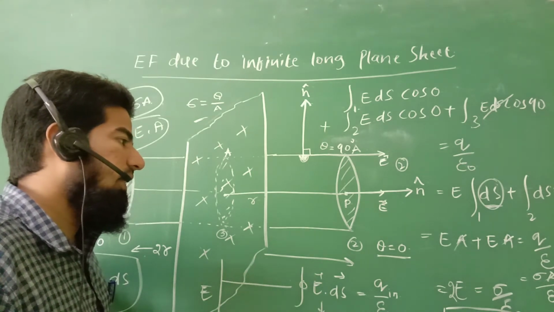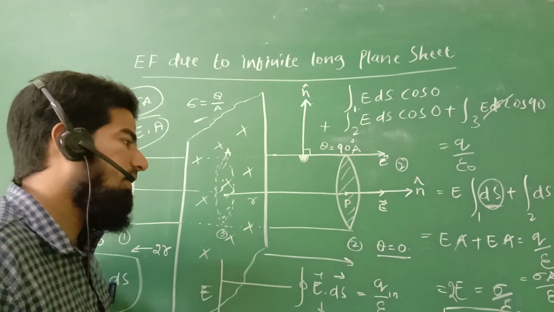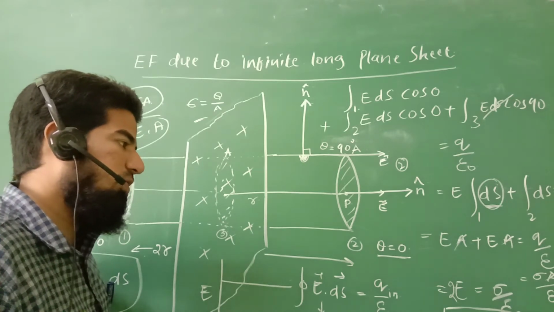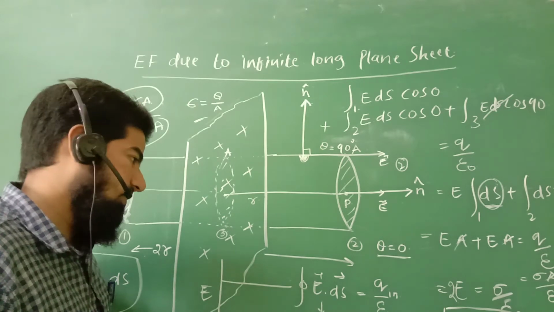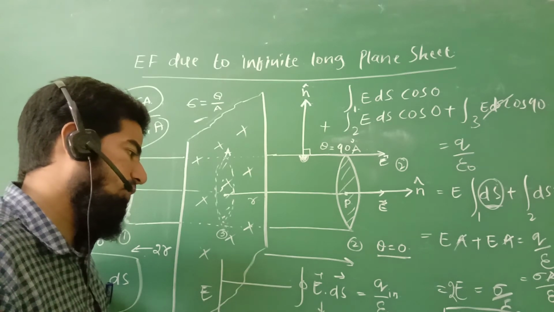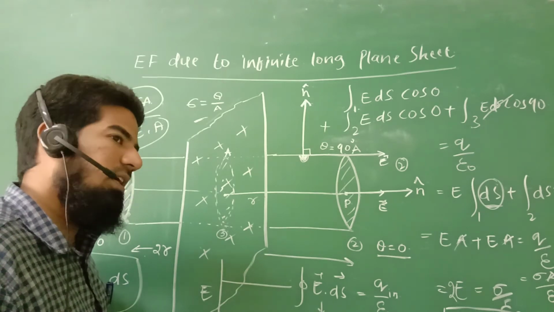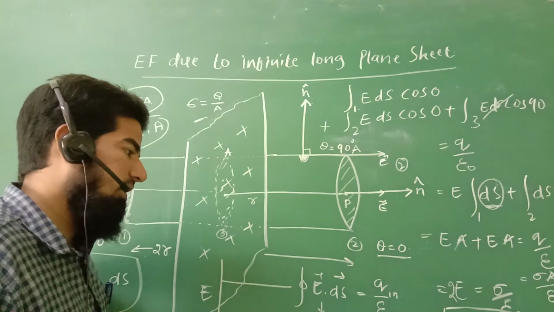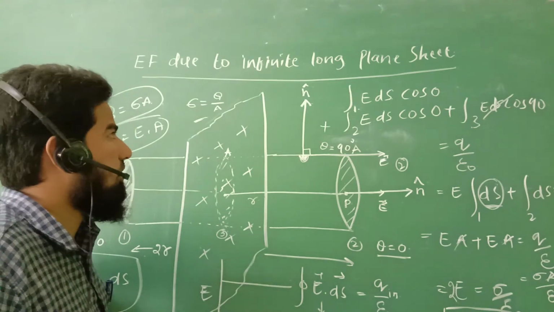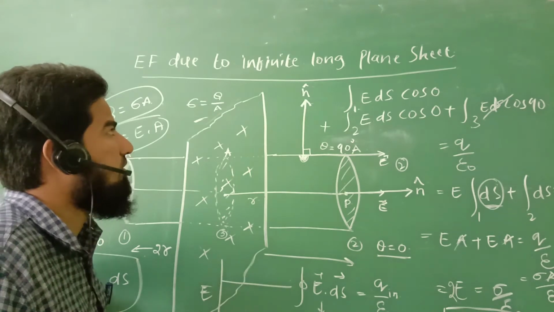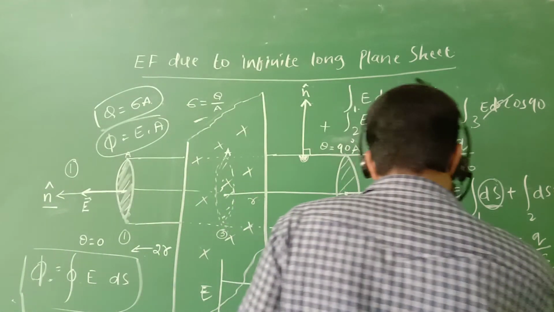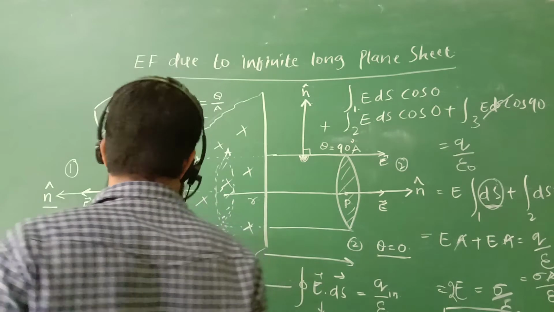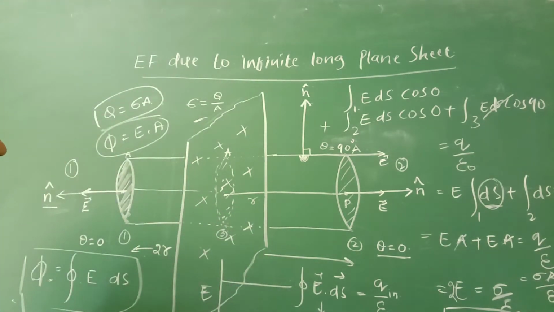Here A cancels and we get 2E equals sigma by epsilon naught. So we can write E equals sigma by 2 epsilon naught. This is the electric field for an infinitely long plane sheet, a very important formula.